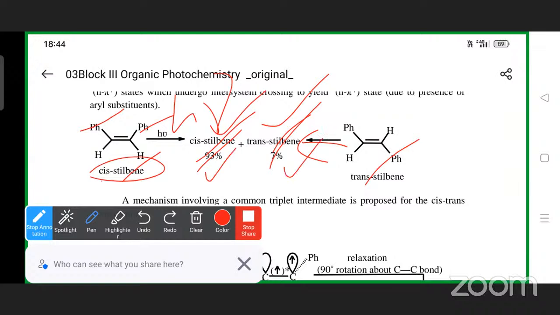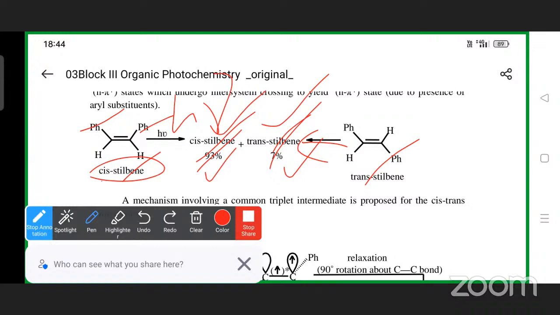And how are we getting these products with the different isomers here?